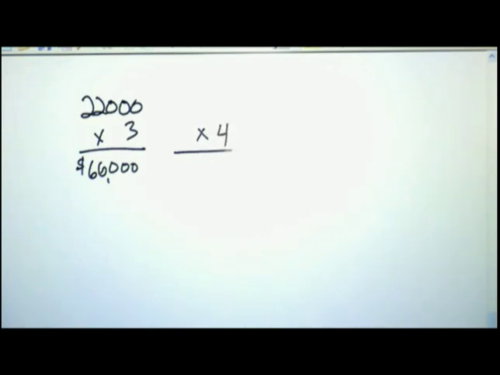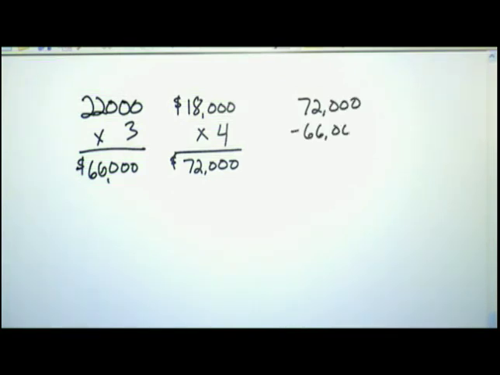That person then turned around and redivided it into 4 lots, which they sold for $18,000 each. So the total sales price of the 4 lots was $72,000. Now to figure out what the profit was, all I have to do is take the sales price minus the purchase price, and I come up with $6,000 in profit.